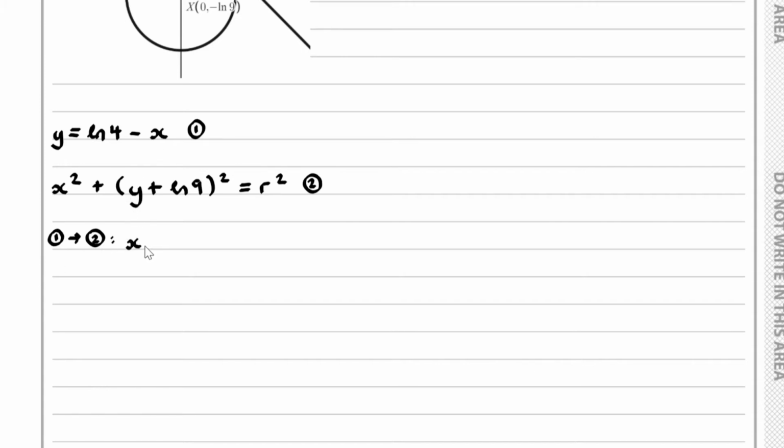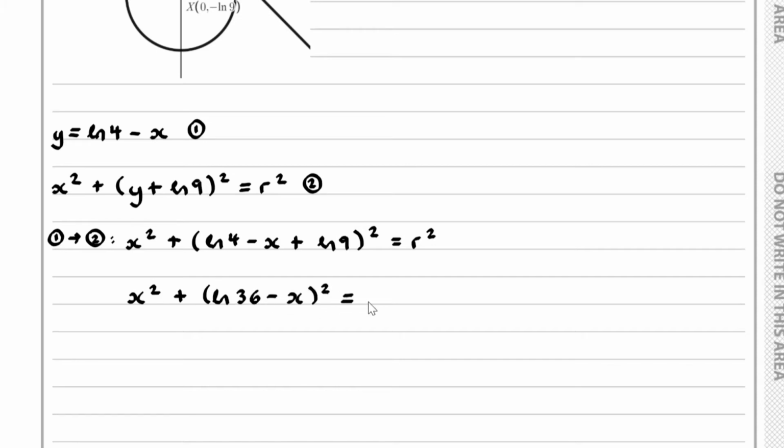So we have x squared plus natural log 4 subtract x plus natural log 9, squared, equals r squared. So we have x squared plus natural log of 4 times 9, which is 36, subtract x, squared, equals r squared.